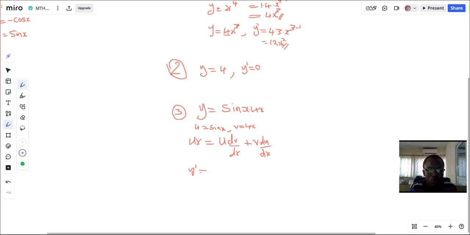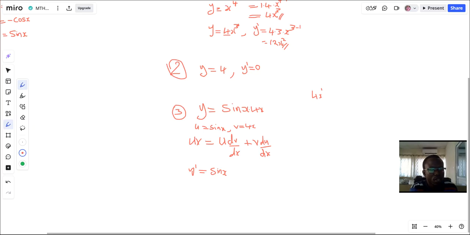So for the derivative of this function, if we are going to use the formula, it says keep u constant. What is our u? Keep sin x constant, and differentiate v. v is 4x. Now 4x has a power of 1, which means we are going to use the power rule.